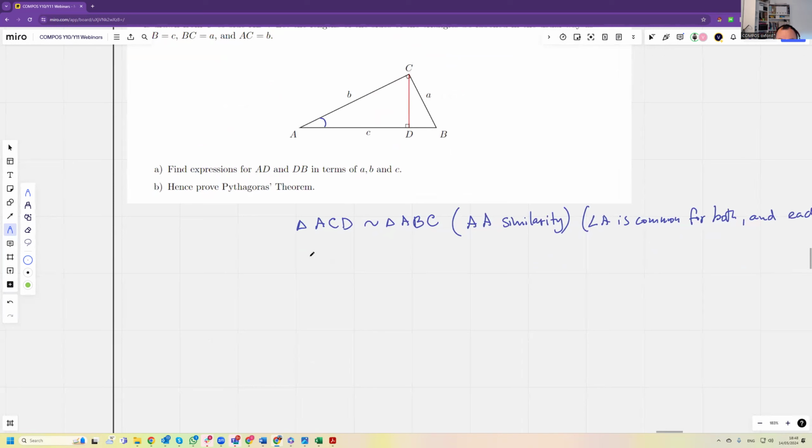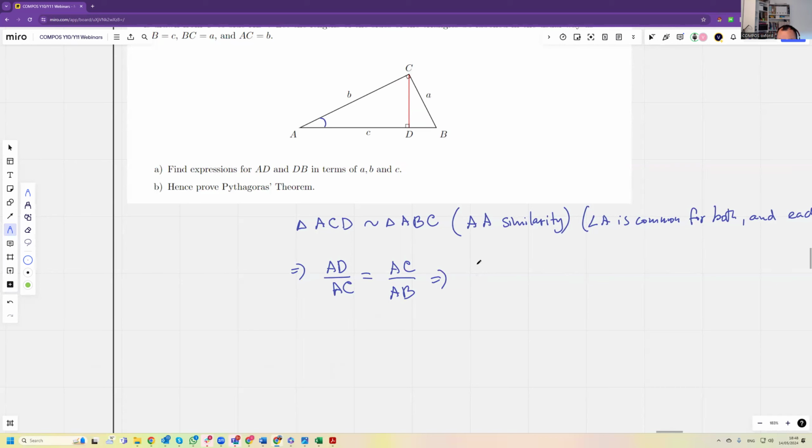And that means that the ratio of AD to AC is equal to the ratio of AC to AB.